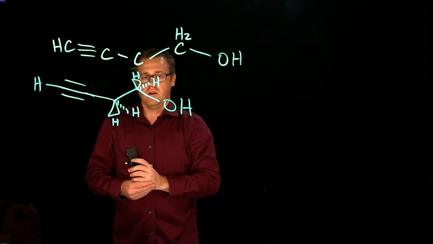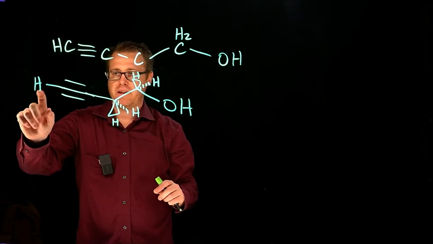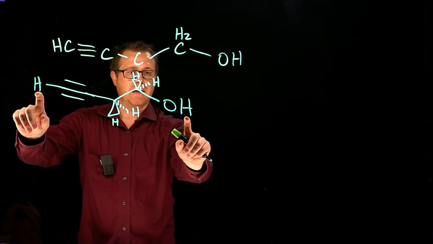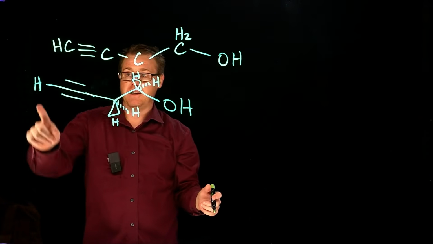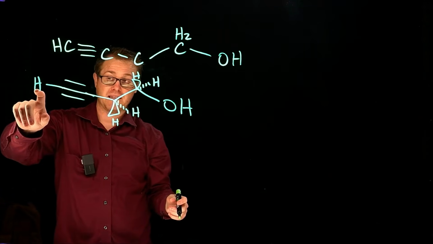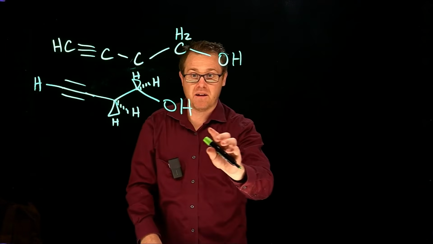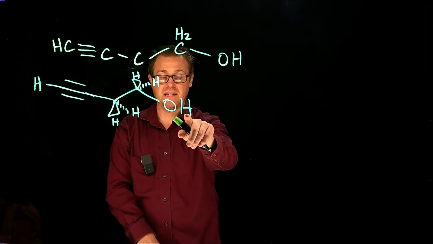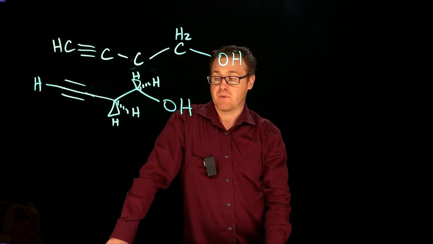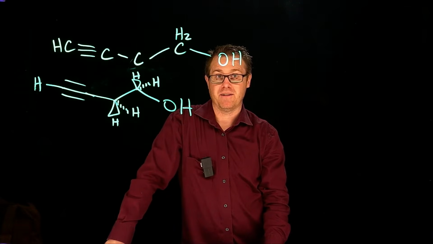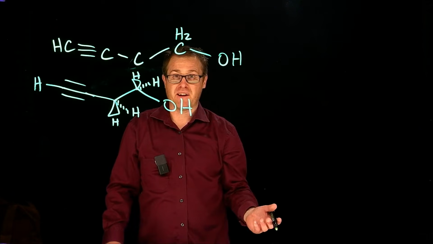Now, we can ask questions like, okay, what's the relationship between this proton and that proton? And you will see that if you do a replacement test, put an X on this, replace an X here, draw the molecule, and then draw a second molecule with an X replacing this hydrogen, you will see that those are constitutional isomers of one another, because you're going to have the same molecular formula, but different connectivity.